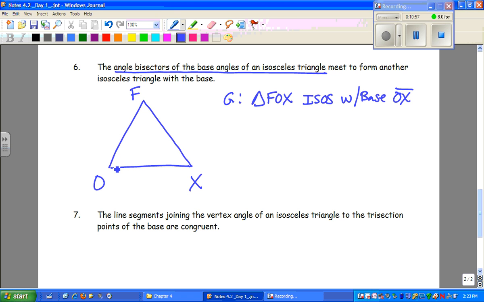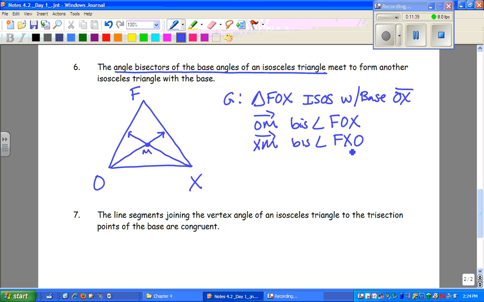What do we have? We have angle bisectors. So we got an angle bisector out of here. We got an angle bisector out of there. They're meeting to form, call it M. So we also know given is that OM bisects angle FOX and XM bisects angle FXO.